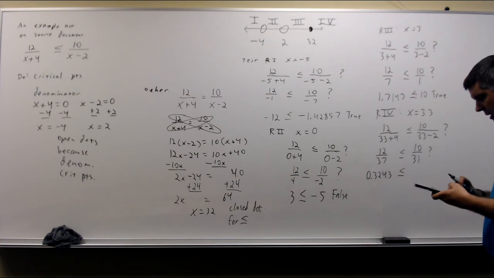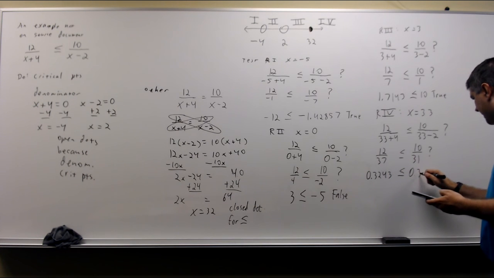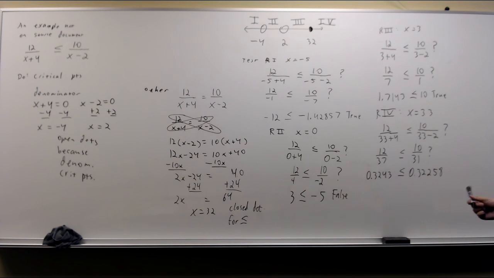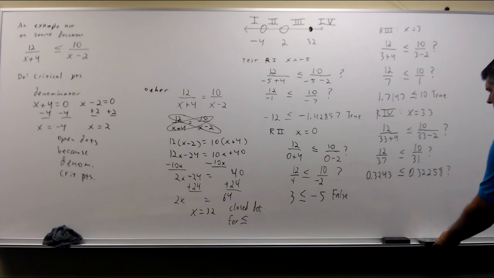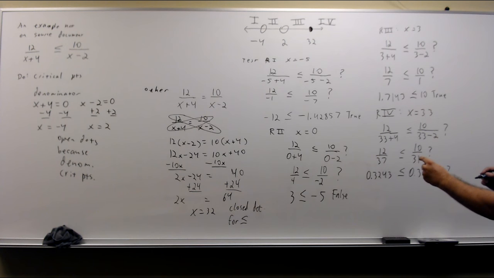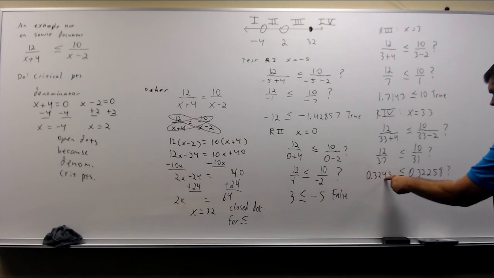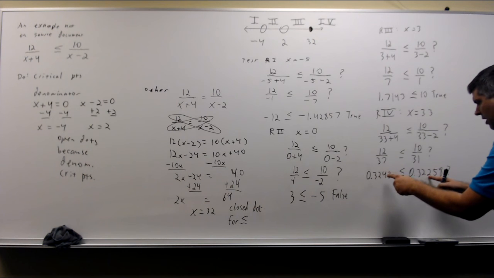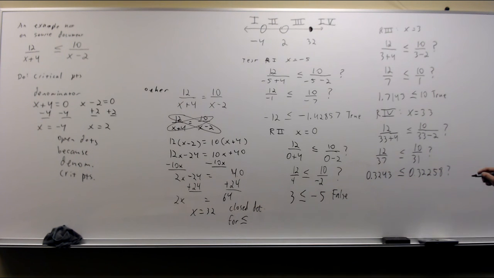And then 10 divided by 31 is approximately 0.32258. Just make sure you go out enough decimal places to tell the difference. I want to know if this is true. And folks, this is false. The 3 2's are the same, but this 2 thousandths is actually less than the 4 thousandths that you have there. So this is actually false.